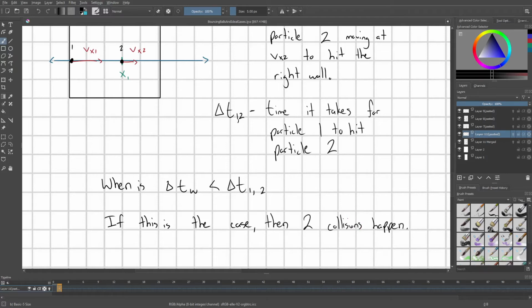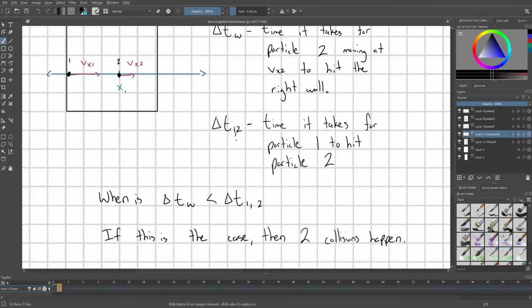Okay, I just made a lot of claims, so let's break that down. When delta tw is less than delta t12, that means that this particle here is going to collide into the right wall faster than the time that it would take for 1 and 2 to hit each other. So this second particle is definitely going to hit the right wall by itself. And then it's going to bounce back, hit into the first particle, and then hit the wall again. And we're going to get 2 collisions happening.